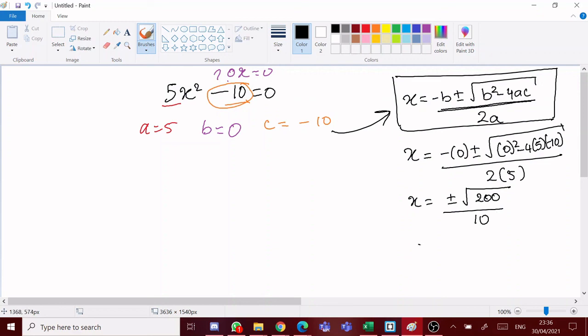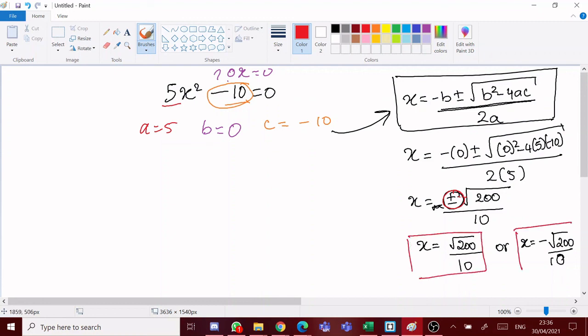So the answer is x is equal to square root of 200 over 10, or x is equal to minus square root of 200 over 10. So here's the thing, just because 0 disappeared, the plus minus does not disappear. So make sure you always split it into two different solutions. That is very important. Keep that in mind.